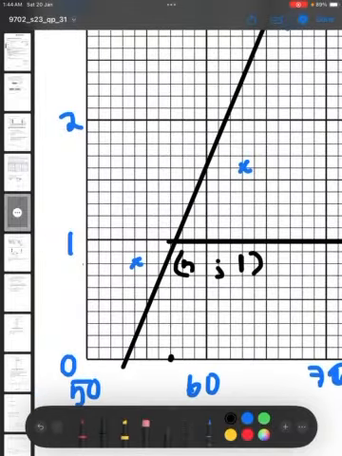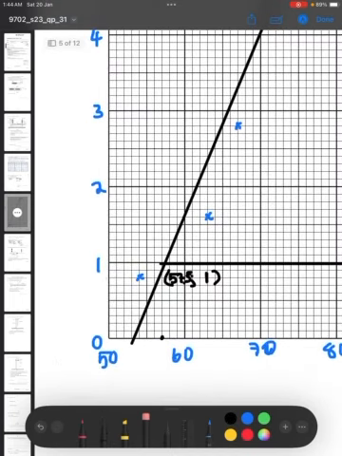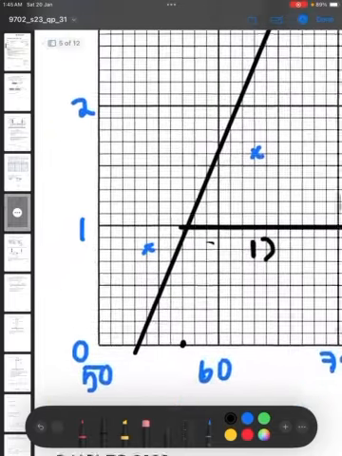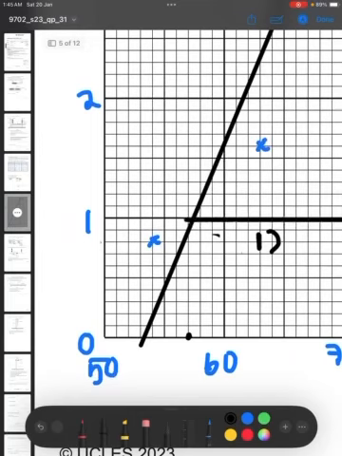We can say 57.5. Okay, that is fine, I think. So let me erase it to make it more neat. Okay, so that point is 57.5.